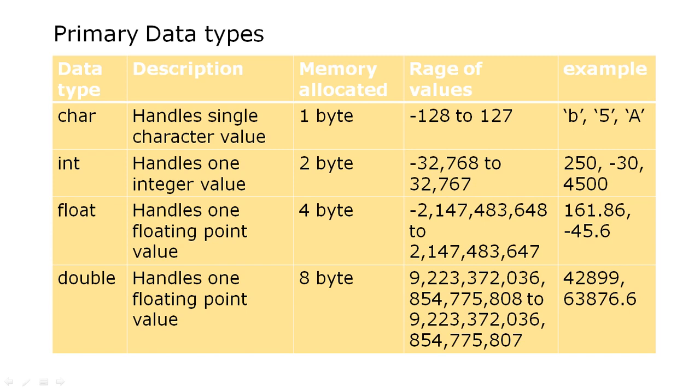The range of values is minus 128 to 127 for char; it accepts only a single character. Int, like 250, minus 30, 4500, takes a digit. Float stores a fractional value. Double takes a double value.